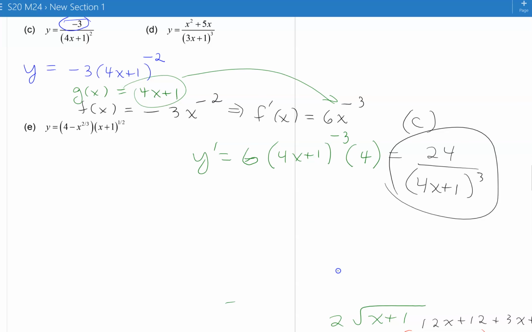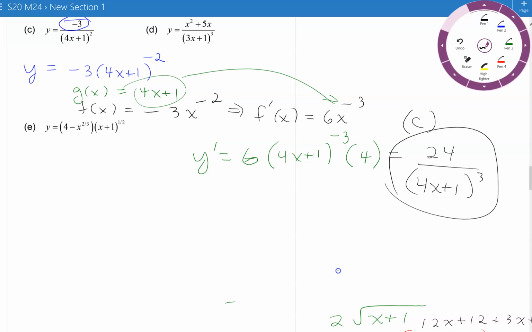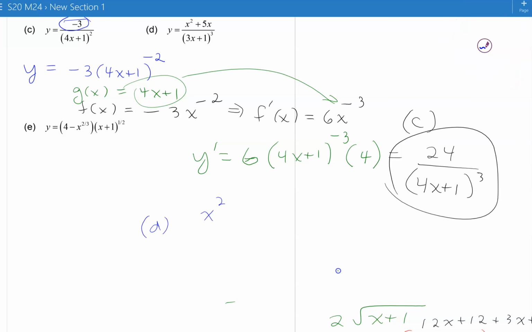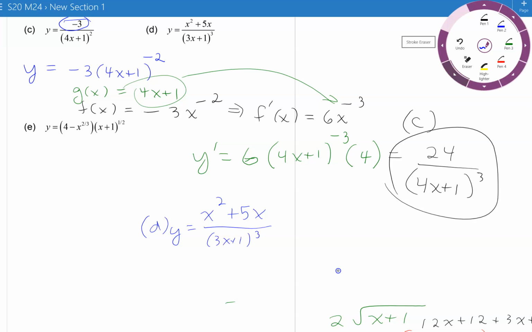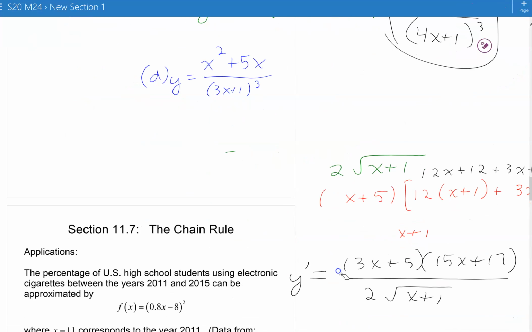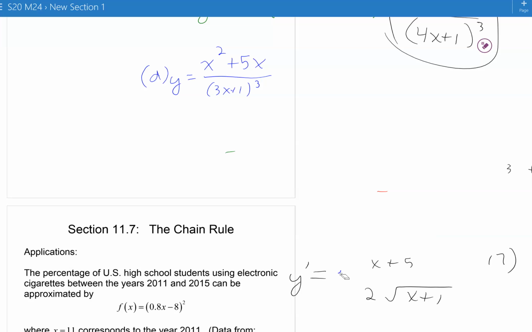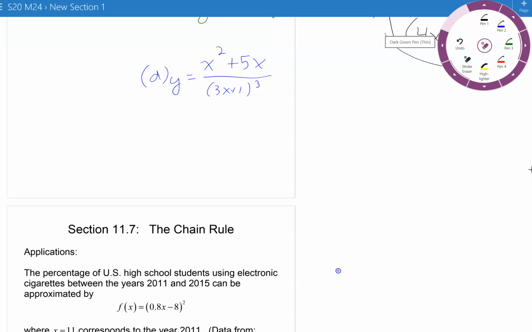Now let's look at D, and that one you need the quotient rule for. So let me just copy it again here, so as I go downward, you'll still be able to see it. Okay, so this is definitely a quotient rule problem.